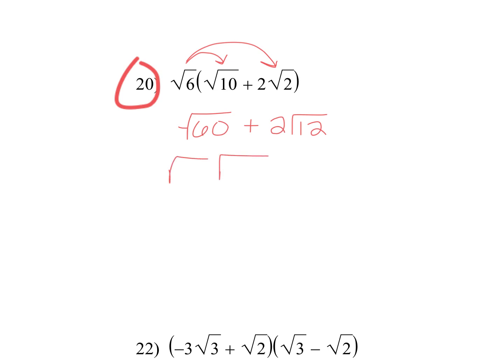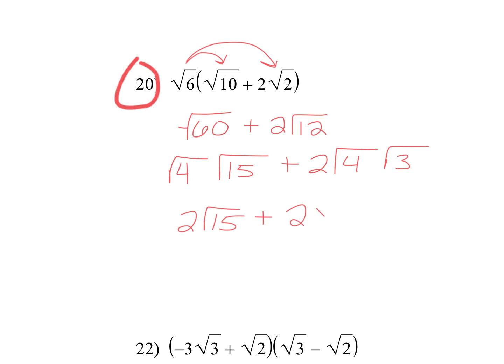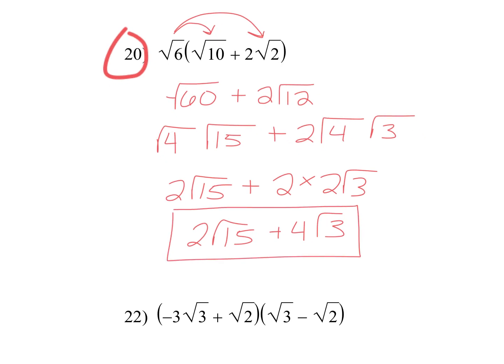What's the perfect square that goes into 60? 4 and 15. And then what's a perfect square of 12? Yep. So simplify on here, I have 2 square root of 15. And on this side, I have 2 times 2 square root of 3. Keep simplifying like we have been. Can I do anything else once I get here? Nope, it's fully simplified. So sometimes when you simplify, they don't end up to be the same. Okay, and that's okay.